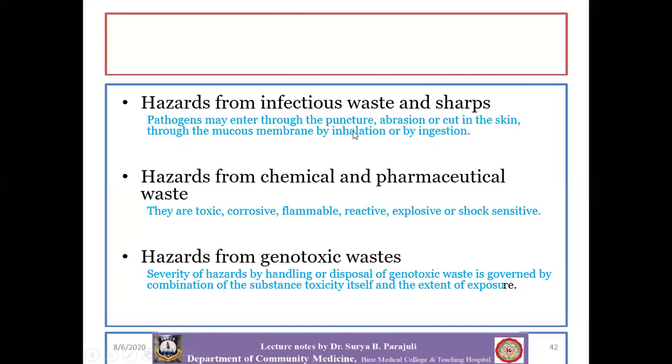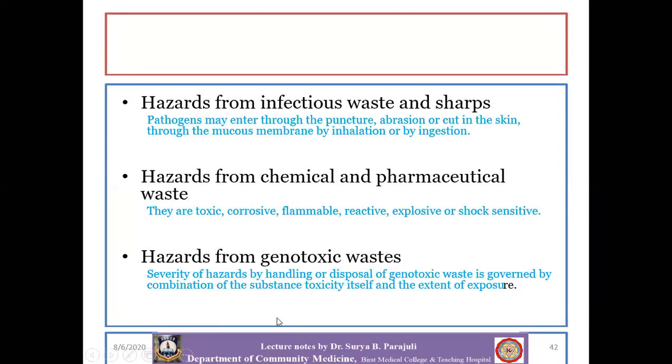Hazard from infectious waste, maybe it leads to puncture, cut in the skin, ingestion, inhalation. Chemical waste like pharmaceutical waste, explosive, the latest Beirut disaster, explosive.